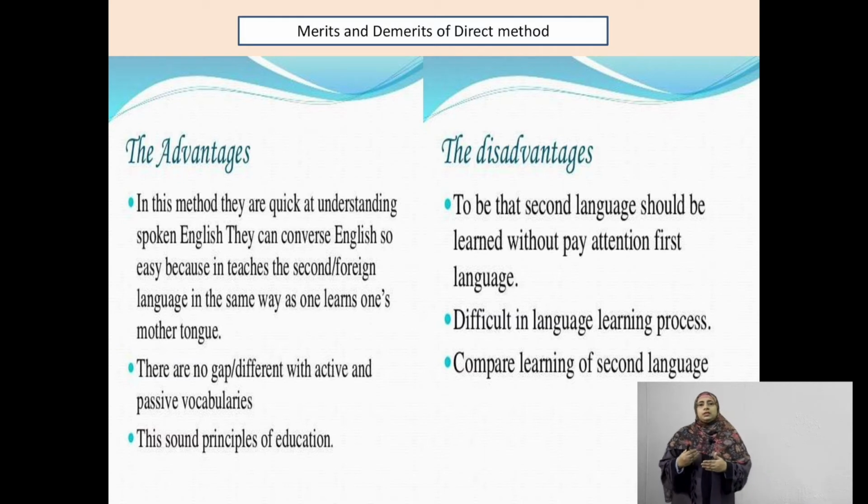Now coming to the disadvantages of the direct method. It has many advantages, but it also has drawbacks. This method pays less attention to the first language, because we are totally neglecting the mother tongue. So we are not paying attention towards the first language.